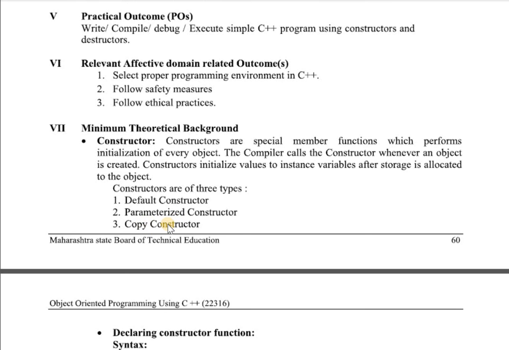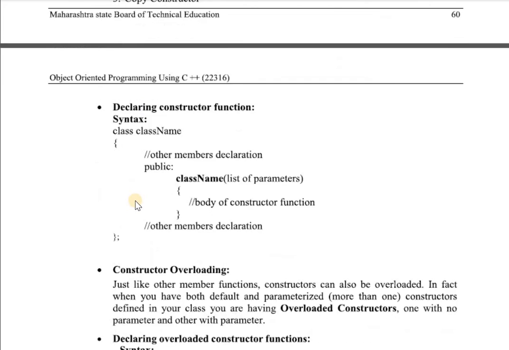That is copy constructor. Next, the syntax for declaring a constructor is given here. How to declare a constructor? First, we want to create a class by using the class keyword and class name. Then, in that class, in a public section, we are creating a constructor. The constructor has the same name as the class name.